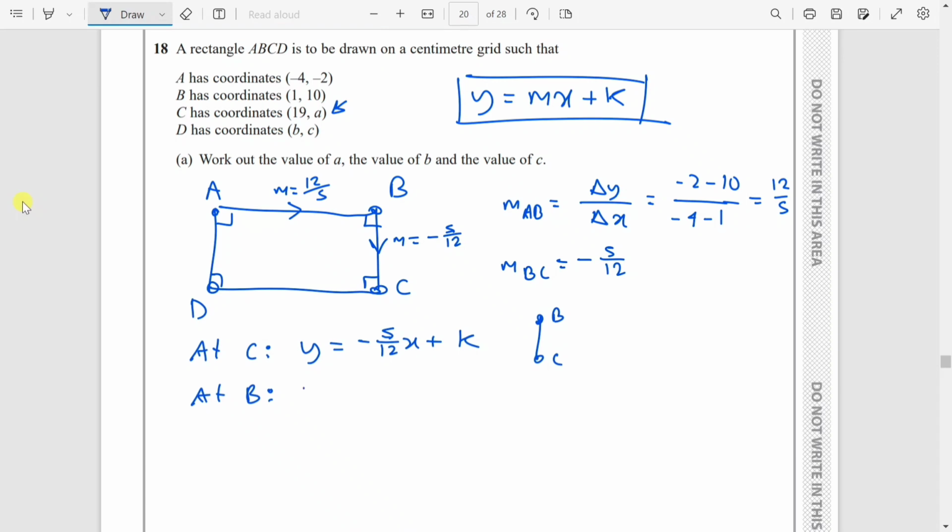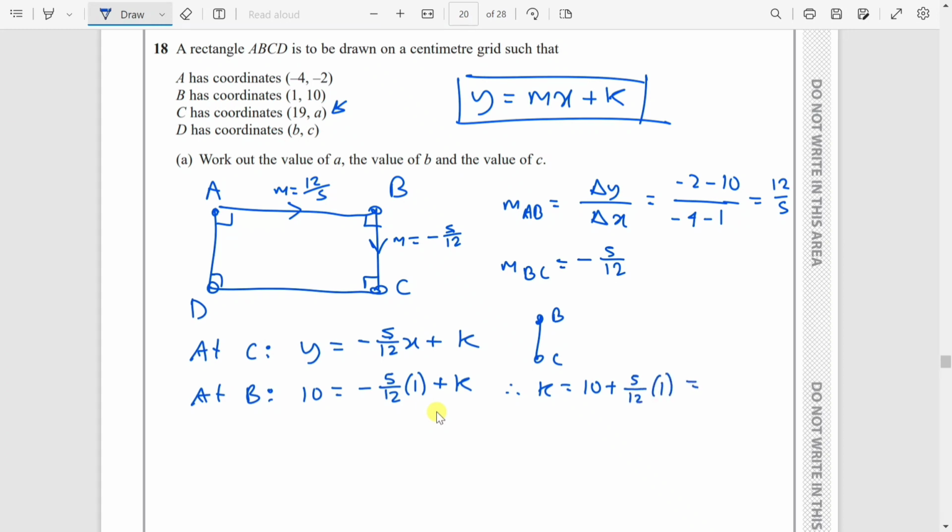Substitute that in and you have 10 equals minus 5 over 12 times 1 plus k. You can solve for k easily, guys. Just rearrange to make k the subject. So in your calculator, it would just be 10 plus 5 over 12 times 1. So k equals 10 plus 5 over 12 times 1.